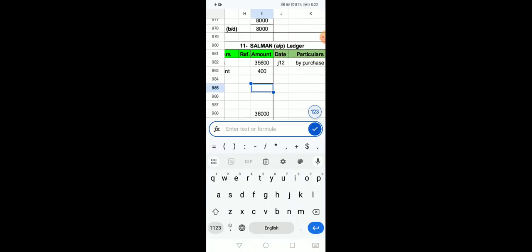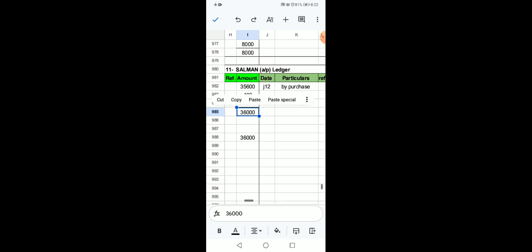For this, you will write down the total of the debit side, 36,000, over here, and since the total of the credit side is also 36,000, you will write the same total on the credit side as well. Now see, we will not be able to calculate balance because there is no larger sum and no smaller sum. It means without calculation of balance, Salman's ledger is completed.